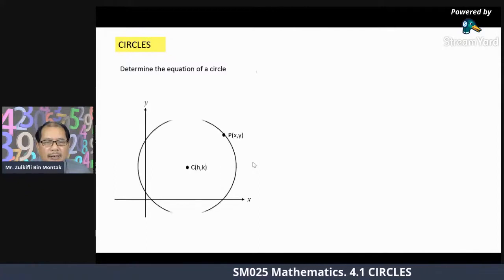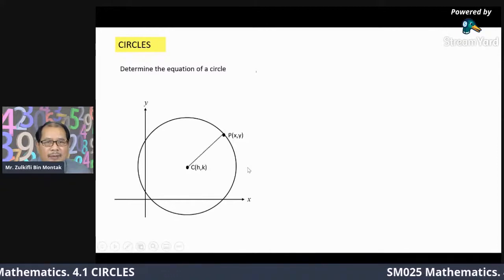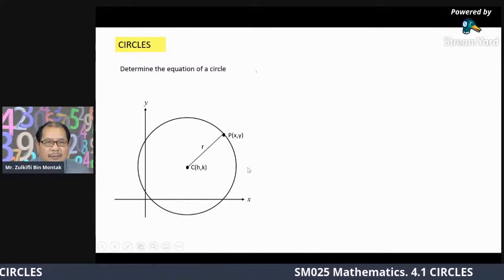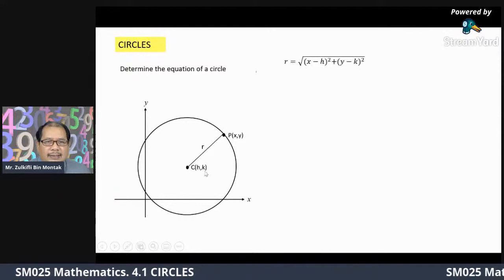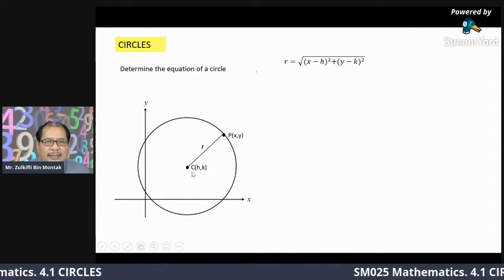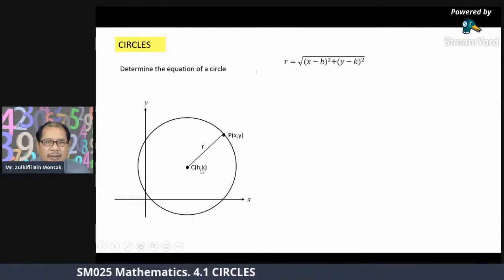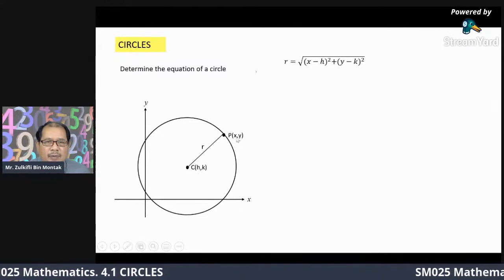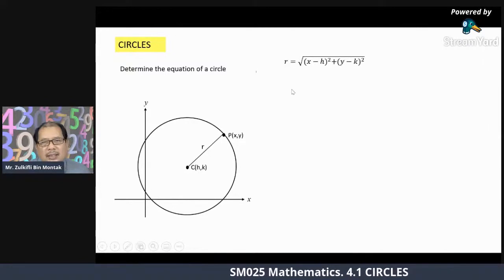This locus produces a circle with a radius r. To find the equation of the circle, we use the distance from a point C to a point P. So that's the distance for r. r equal to the distance of the 2 points, r equal to square root of (x minus x1) squared plus (y minus y1) squared.